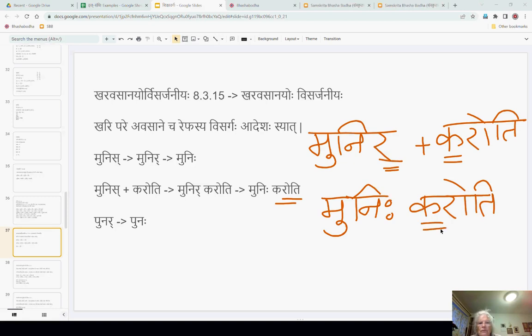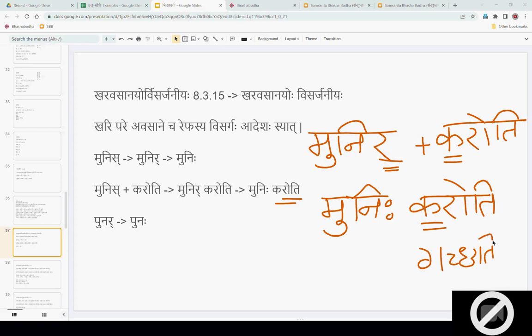If this is not a khar letter, suppose it is something different, like gachati, then ga is not a khar, so this sutra will not apply.